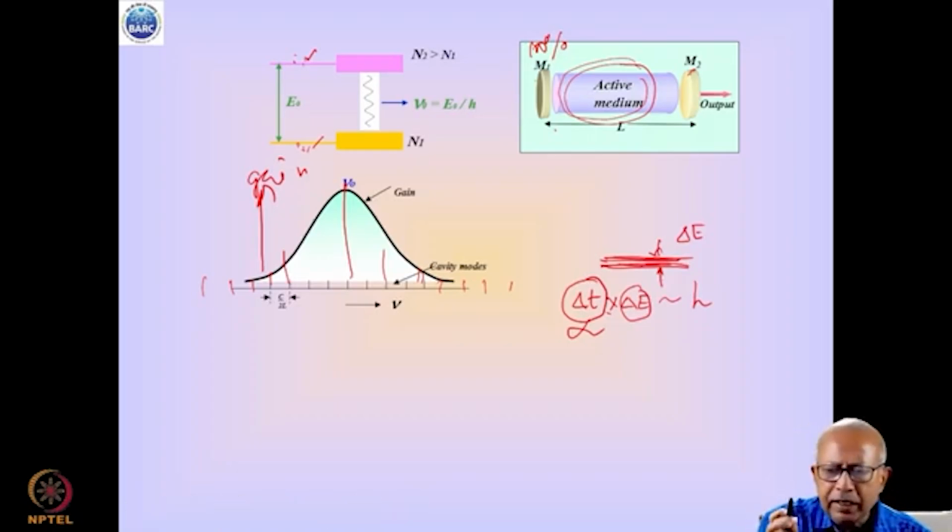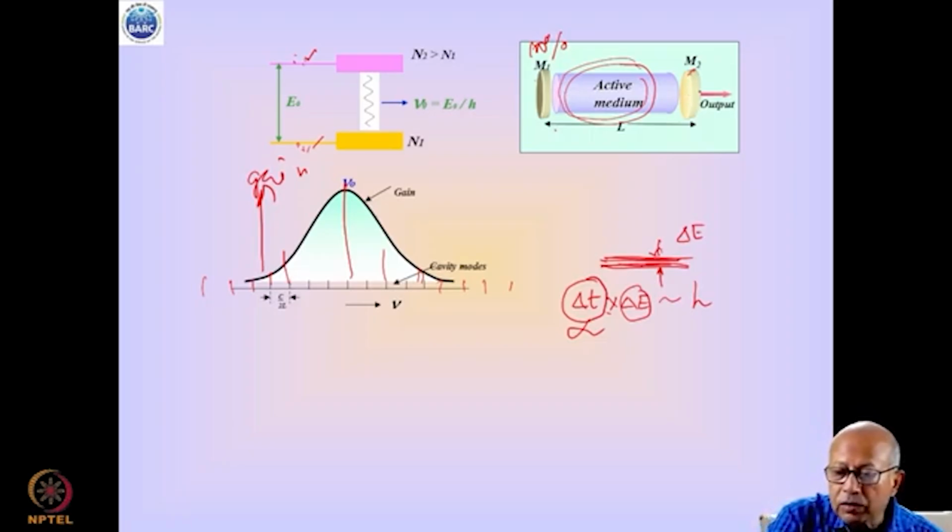Now, lasing can occur only on those frequencies already. So we have provided some transmission loss on this mirror. Now this transmission loss is independent of the frequency, because the reflectivity or transmittivity of the mirror doesn't depend on the frequency.